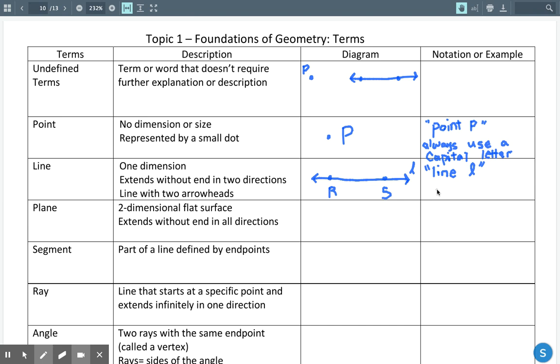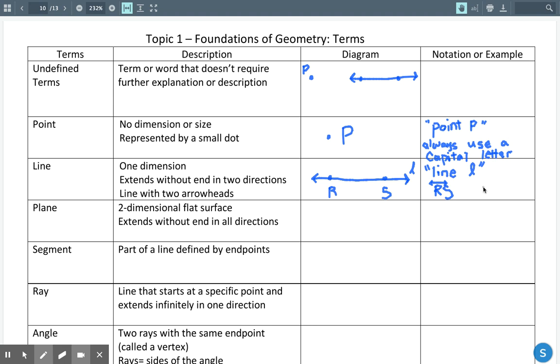If we were writing it, we would write our R and our S, and we could draw a little line above it with arrows. So that represents line RS.